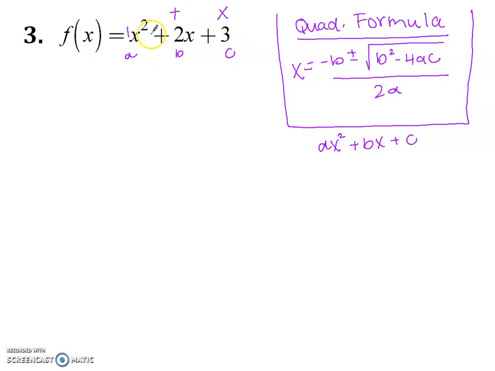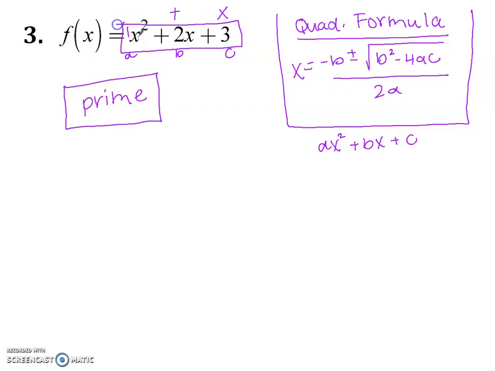Since this one doesn't factor, this is what we call prime. So if I asked you to factor this, you can just put prime as your answer, or you could just box the original polynomial. That's the completely factored form.